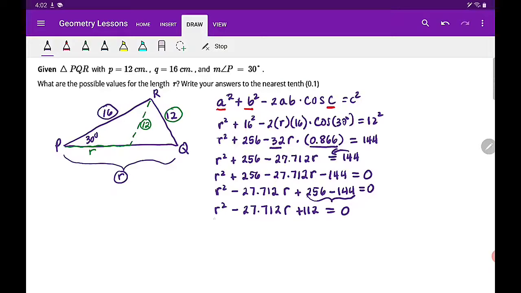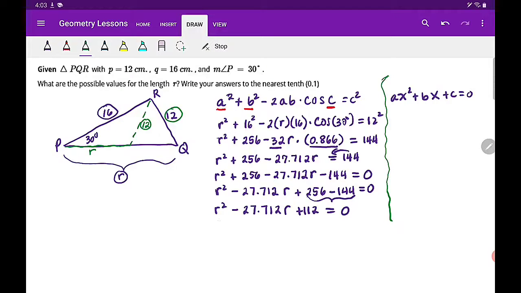This is an equation in the form, let me write here, ax squared plus bx plus c is equal to 0.